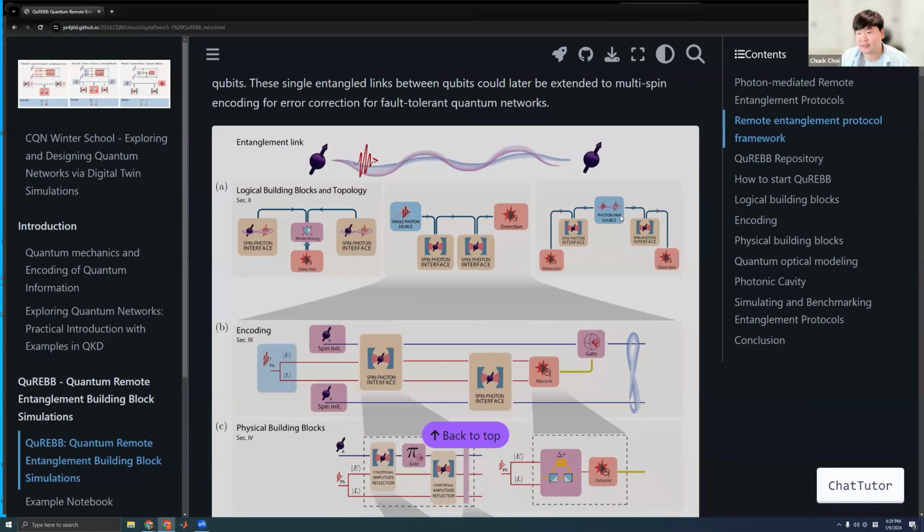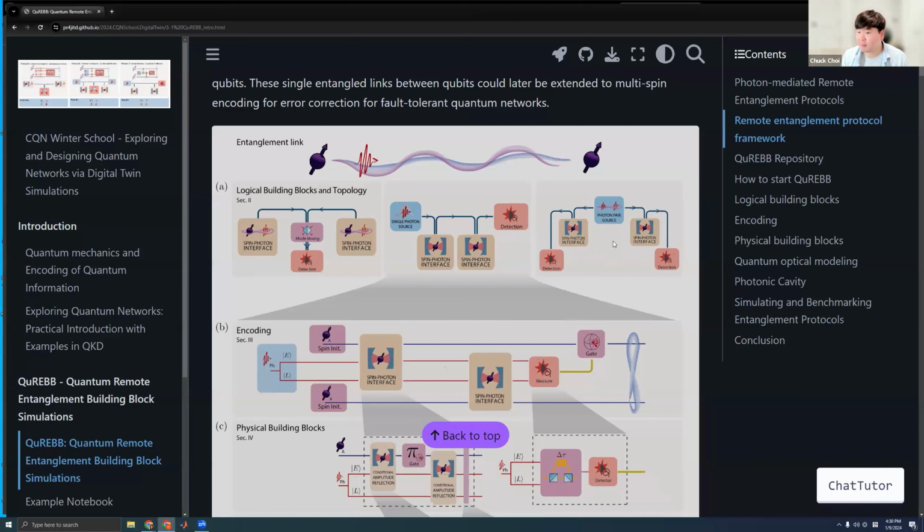The other way is, say, we generate an entangled photon pair in the middle by SPDC. These photons are entangled. These interact with Alice and Bob individually. Then if we detect these photons, the photonic information is transferred to the spins so that we can entangle the spins.